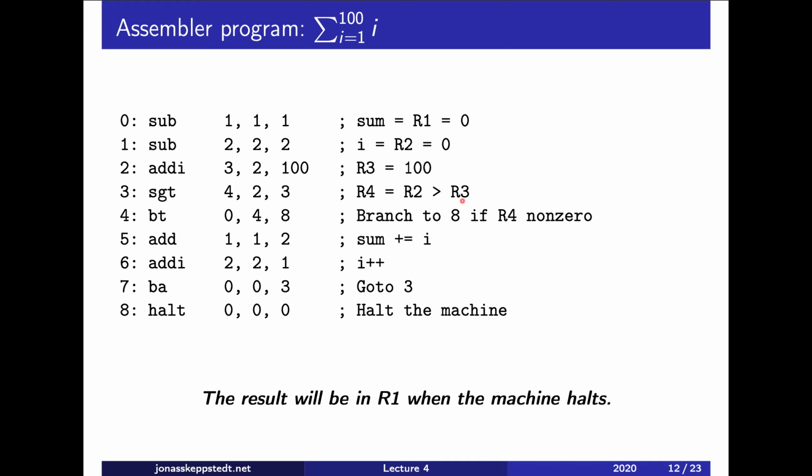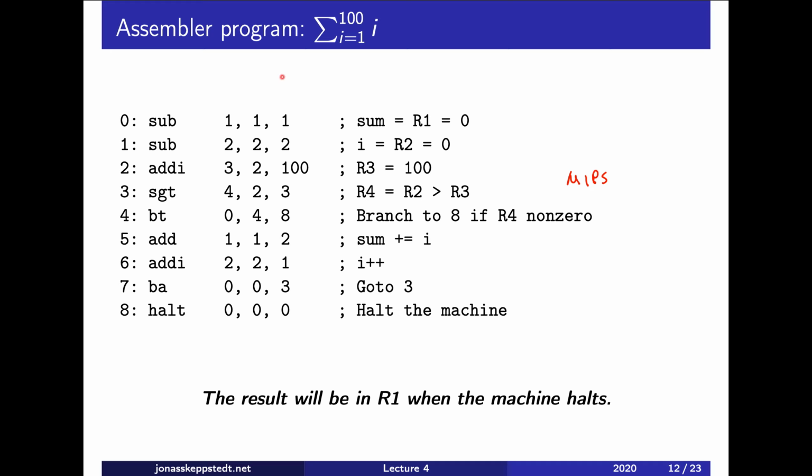Okay, so what we do here is to save a Boolean value that R2 is greater than R3 in register 4. Some machines have special compare instructions which set a special register, but in this and in some others, such as MIPS, which is another, this one comes from Stanford.